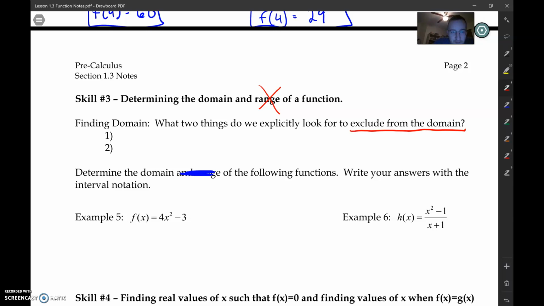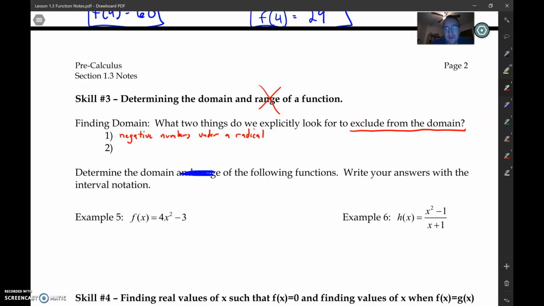We have to avoid negative numbers under a radical. Remember, a radical is like a square root. So we do not want negatives underneath a radical because that's an imaginary number, and we do not want to include those in our domain.